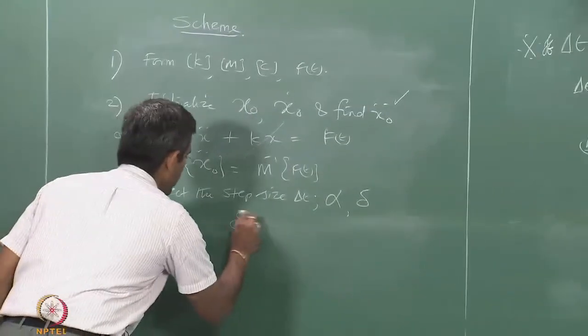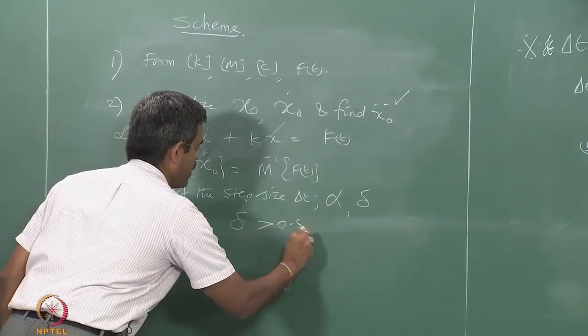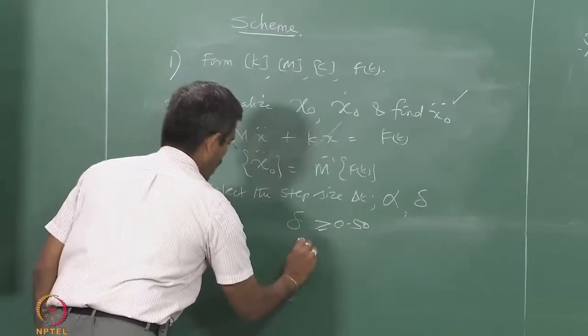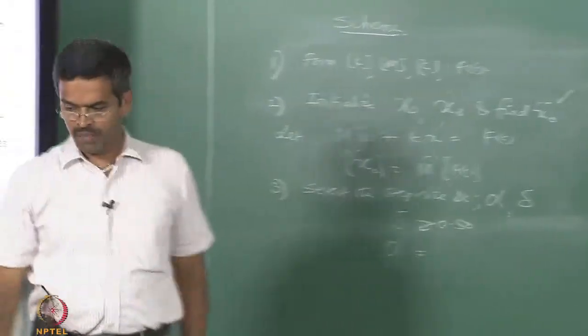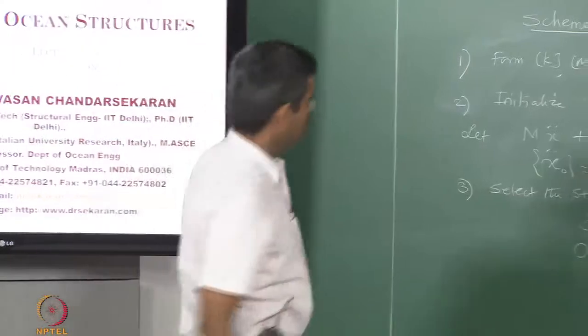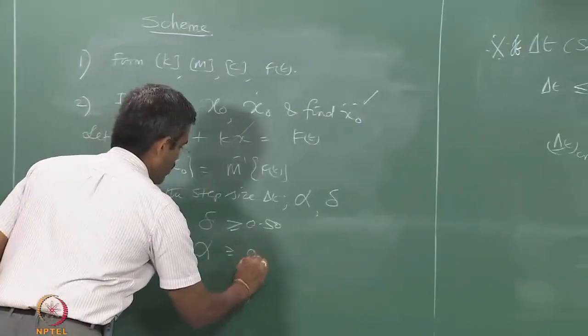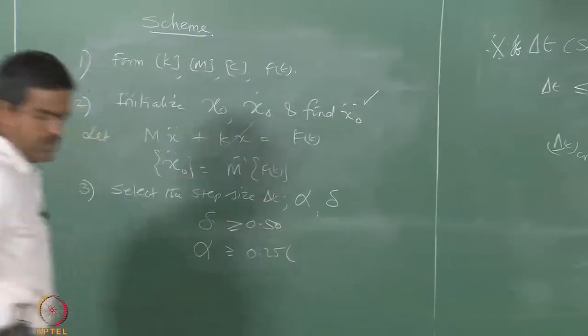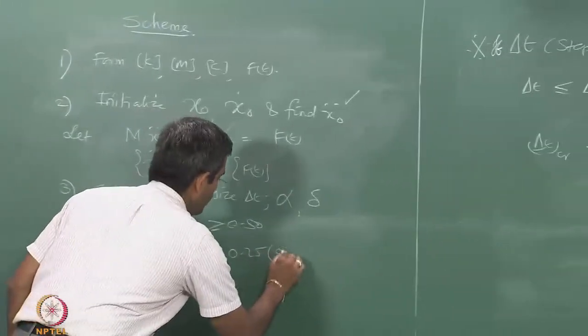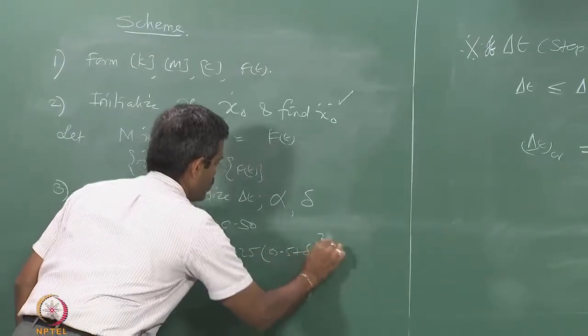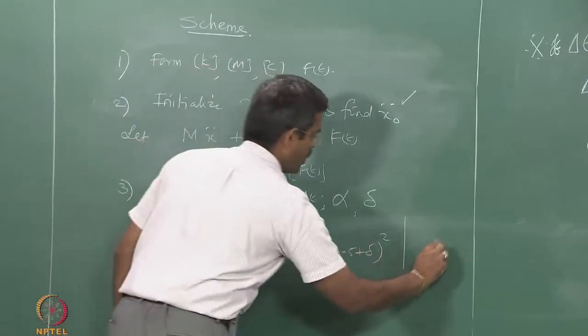Delta is usually taken as greater than 0.5 and alpha is computed as greater than or equal to 0.25 times (0.5 plus delta) the whole square. Let us call this equation number 1.